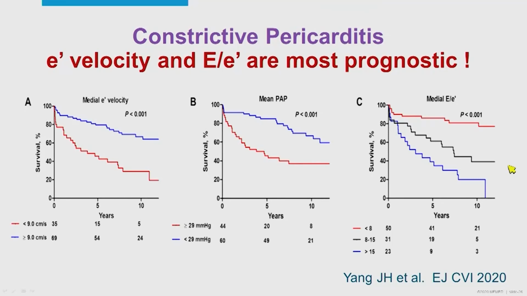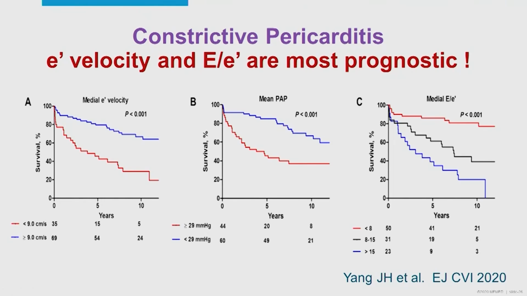And that's why when you see the high E prime velocity, meaning pure constrictive pericarditis, and the low E over E prime ratio, as you see here, and also the normal PA systolic pressure, they have much better prognosis after pericardiectomy.